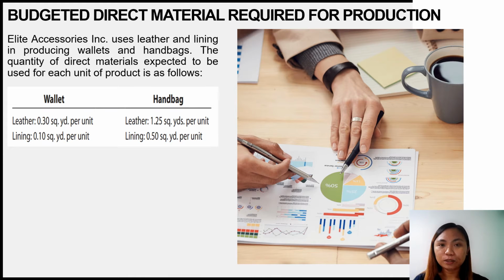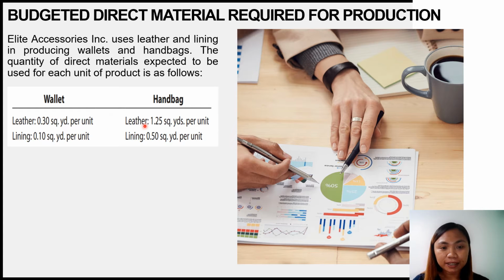To illustrate, Elite Accessories Incorporated uses leather and lining in producing wallets and handbags. The quantity of direct materials expected to be used for each unit of product is as follows. For the wallet, the leather needed is 0.30 square yard per unit, and for the lining, it is 0.10 square yard per unit.